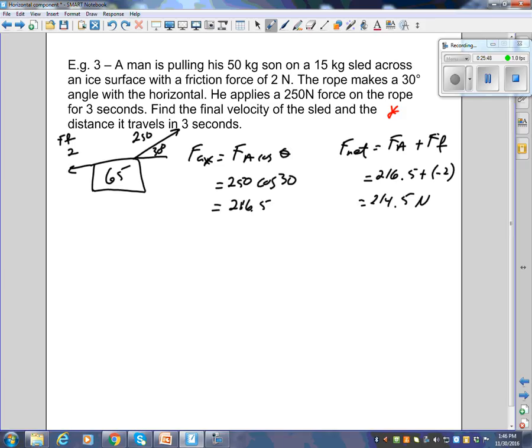Subtract 2 is in that category. Now we're going to go F net is equal to MA. 214.5 is equal to the mass. Now here's where you've got to be careful. It's 65, right? Divide both sides by 65.